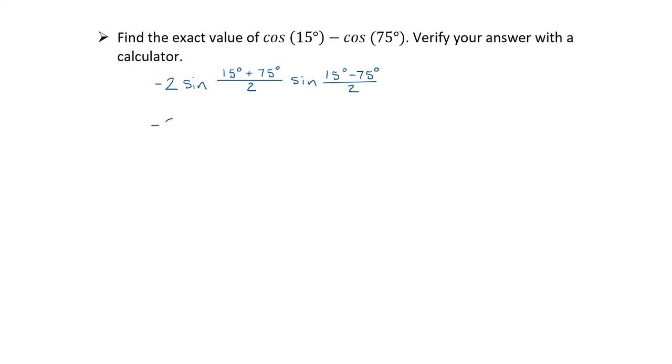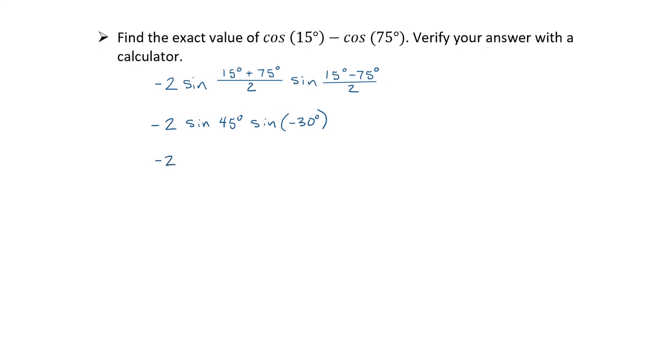This gives me a negative 2 sine of 75 degrees plus 15 degrees is 90 degrees divided by 2 is 45 degrees times the sine of 15 degrees minus 75 degrees is a negative 60 degrees divided by 2 is negative 30 degrees.